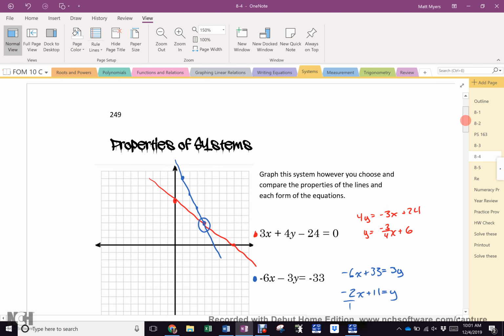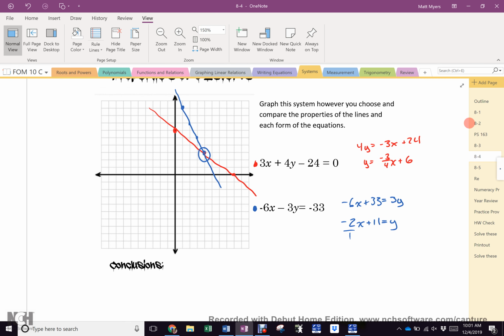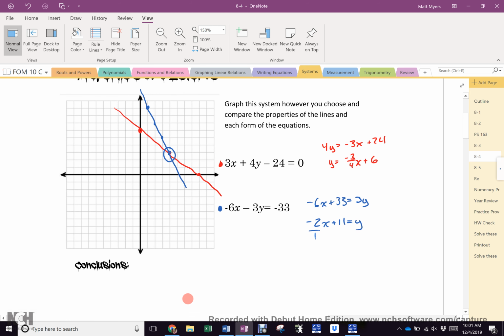I'll ask you again, what are some conclusions we can draw from this system? There's only one intersection in a... What kind of system is this? Right. There's only one intersection in a linear system.